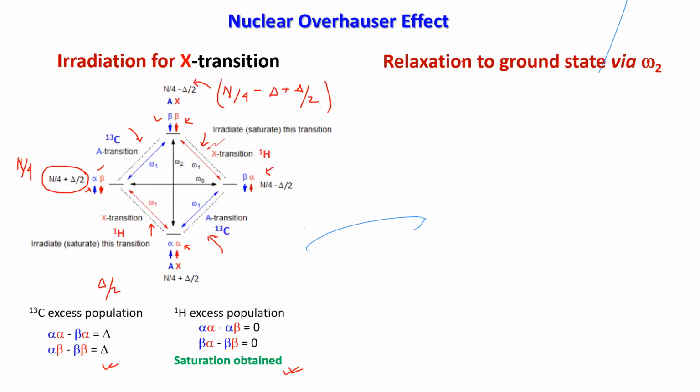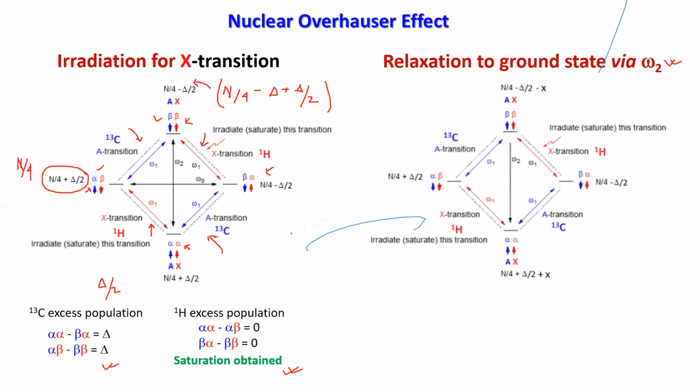So let us consider the relaxation to ground state via the W omega 2 route. What is that route? That is two quantum relaxation, two quantum transition. Now, in this diagram, which one will be the two quantum transition?